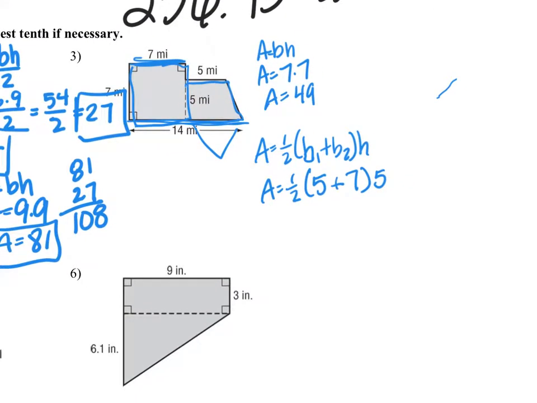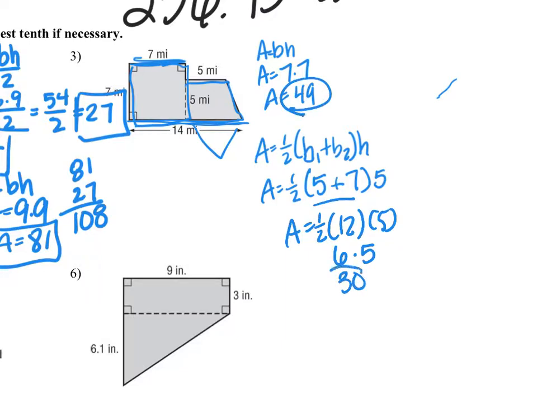I should do 5 plus 7, which is what? So area equals 1/2 of 12 times 5. What's 1/2 of 12? 6 times 5 is what? 30. So we have 49 and 30. So area equals 79 miles squared.